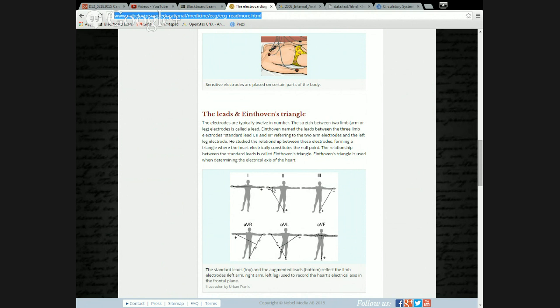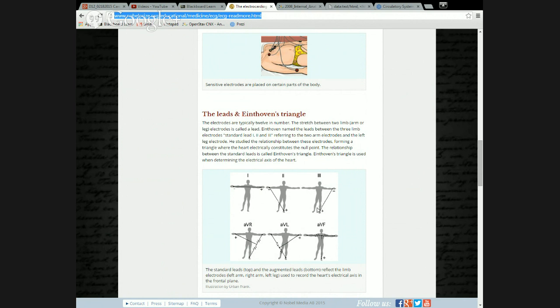So you can imagine this is the top of a triangle, and these are the 2 sides of the triangle. It'd be kind of nice if this was drawn actually represented over the heart, because standard lead 2 is parallel with the axis of the heart. If we drew a line from the top to the bottom of the heart right through the middle, it would be parallel with standard lead number 2.